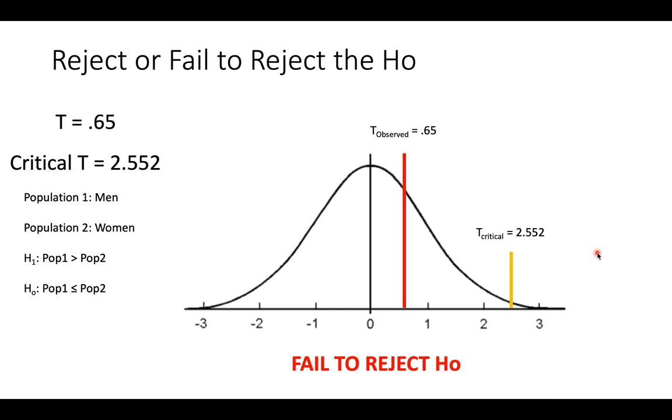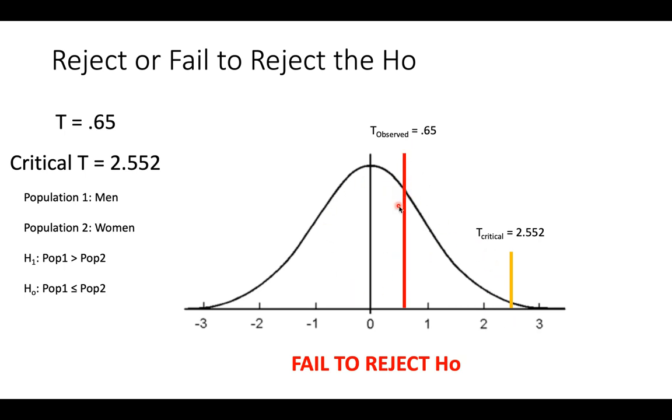So now we need to compare our observed t-value with our critical t-value. We observed a t of 0.65. We are only going to be convinced if our t-value was beyond 2.552. That's our line in the sand. That's our benchmark. Notice that we aren't anywhere even close to it, right?